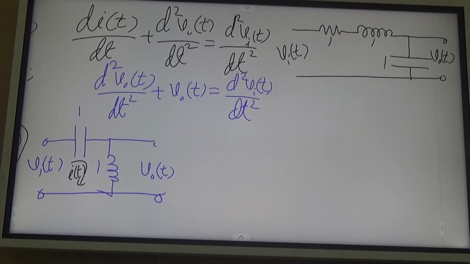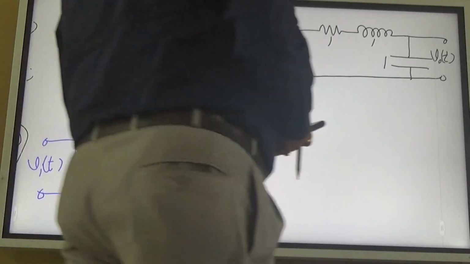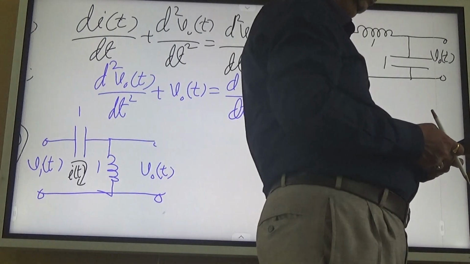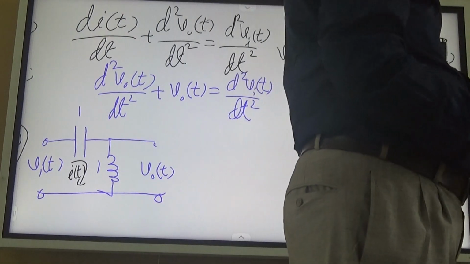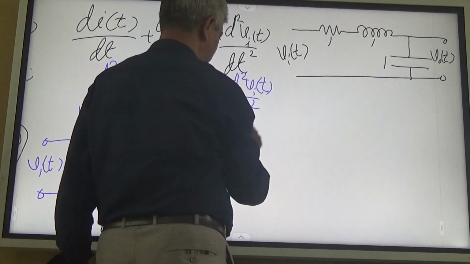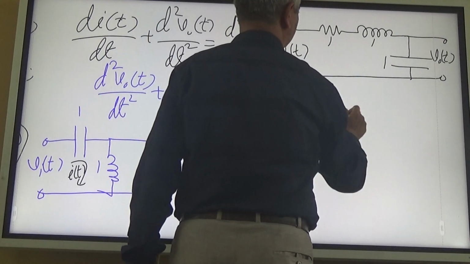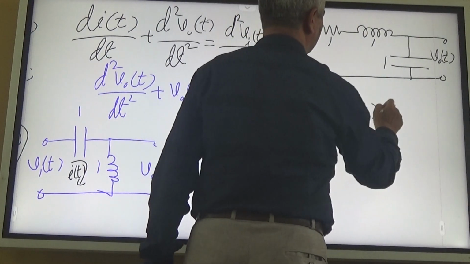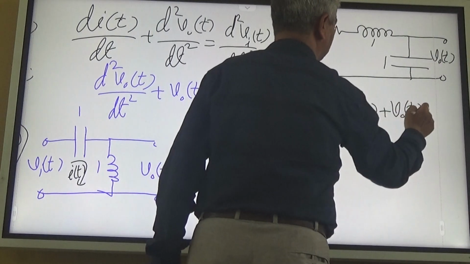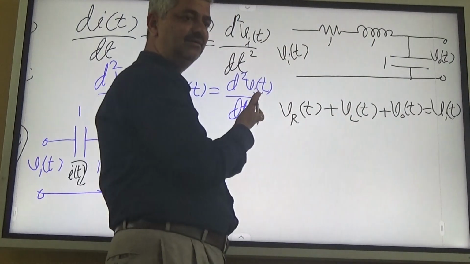So that in the Kirchhoff's mesh law, 3 terms will come on left hand side. So what? This is VRT, right? VRT plus VLT plus VOT is equal to VET. There is nothing different.